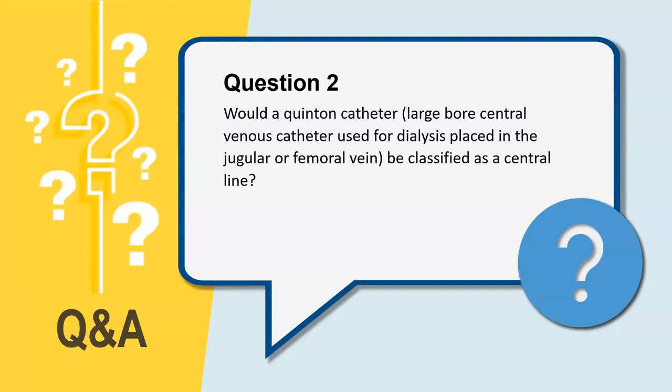So when a resident has IV access, O0110I1, and that access is centrally located, you would check both O0110I1 and 04 for central, for PICC line or tunneled port or those kinds of lines. So yes. Thank you.